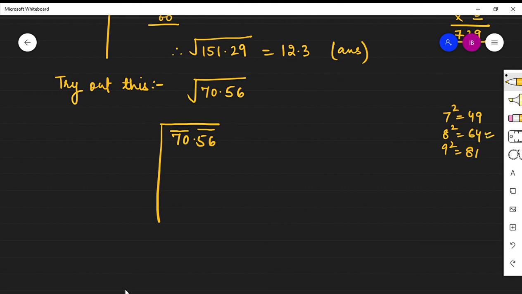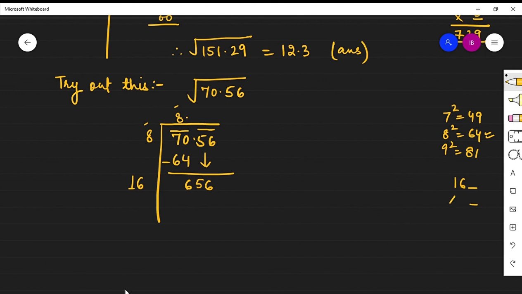So 64, 8 8 the 64. 70 minus 64, 6. Copy the next two digits under the next bar, 656. What will come here? It will be 8 plus 8, 16. We have reached the decimal part. Put the decimal here. Now do the calculations.